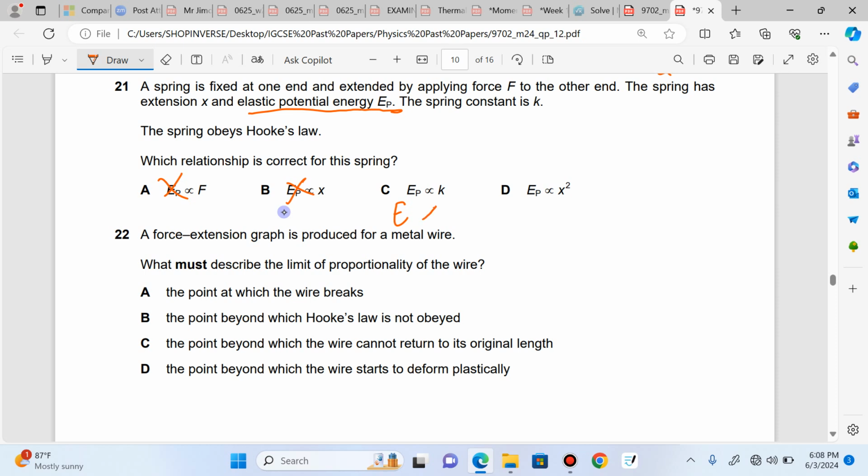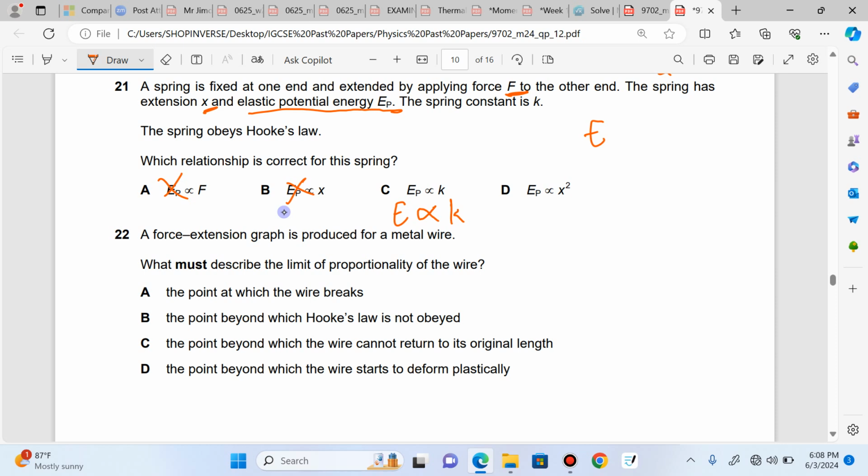Okay, that's fine, but in this situation, we are not using K because we have the force and the extension.